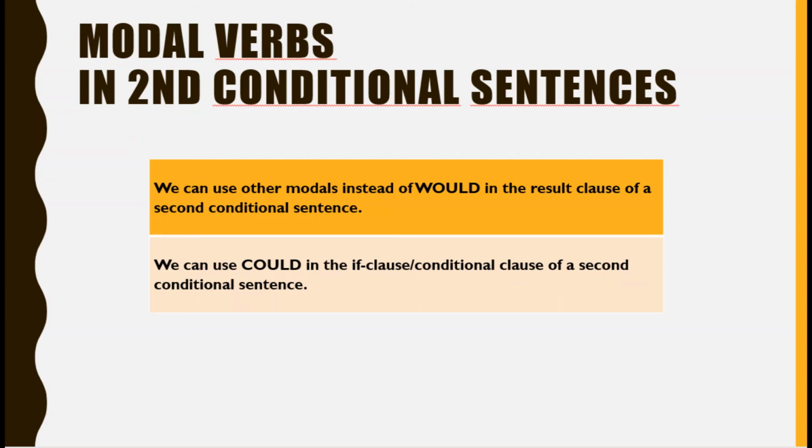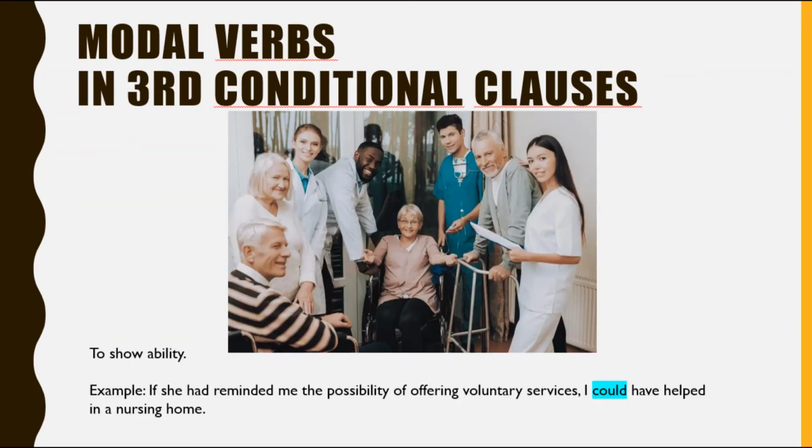And finally, let's see some examples of modals in third conditional clauses. If she had reminded me the possibility of offering voluntary services, I could have helped in a nursing home.